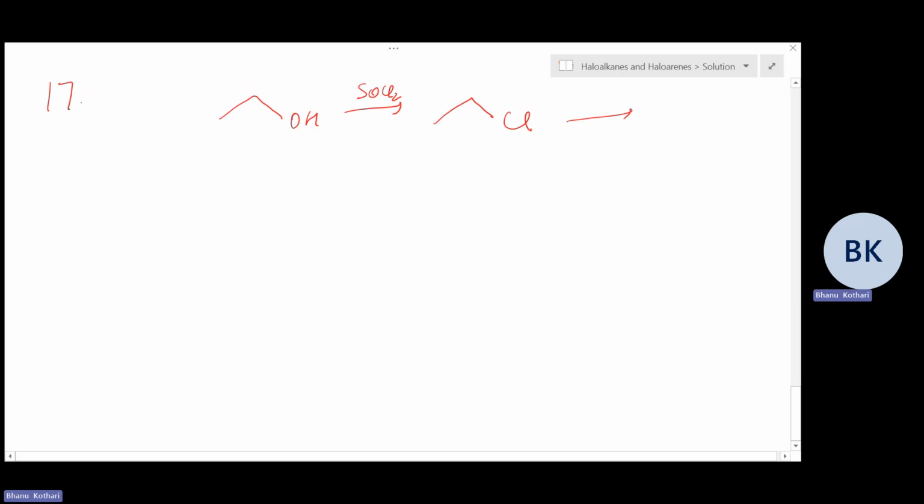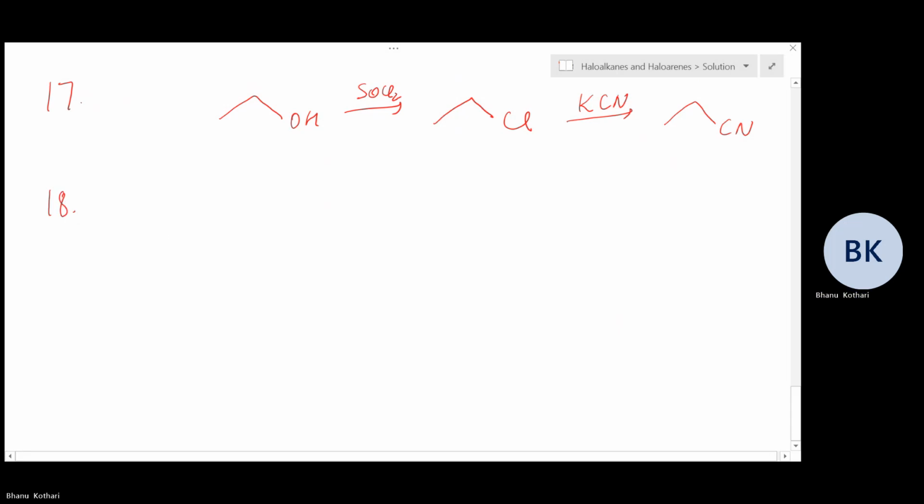And then if we attack by KCN, we get CN here.